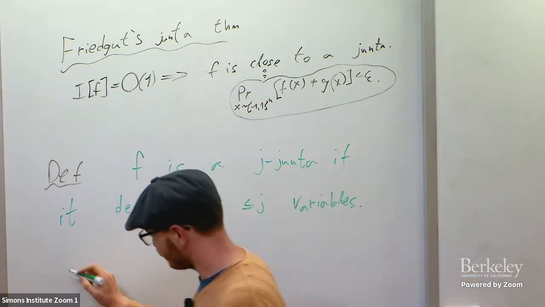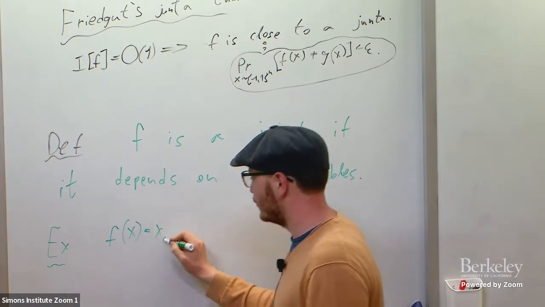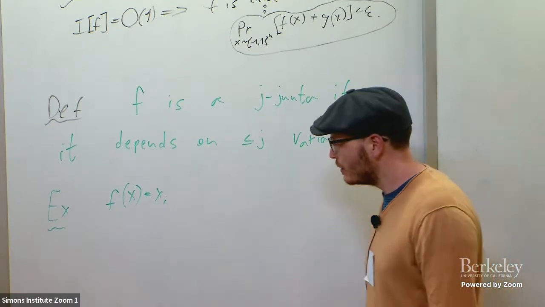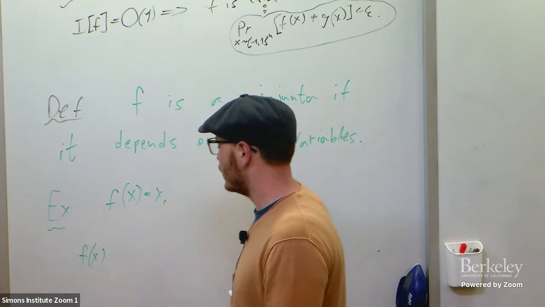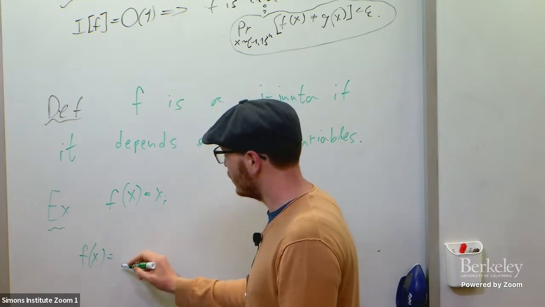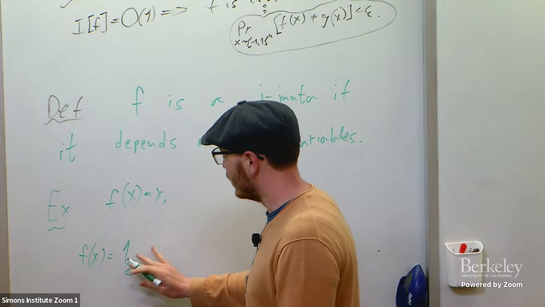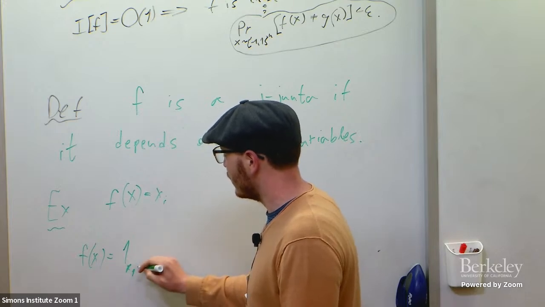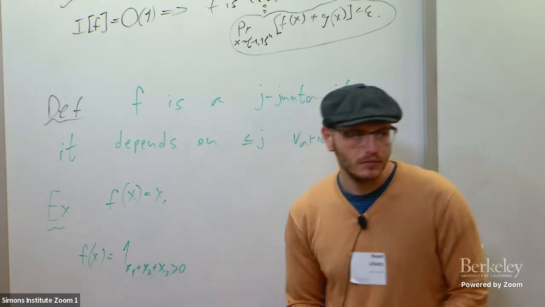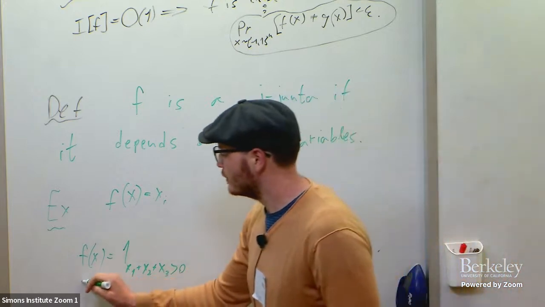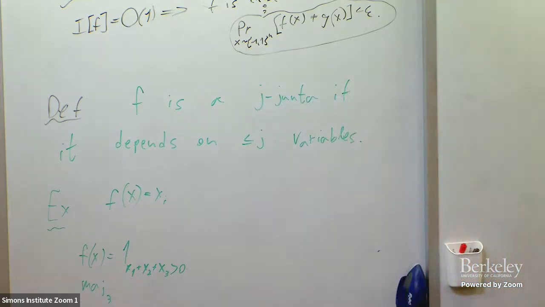So we have, for example, the function f(x) equal to x_i, which depends on one variable, and we have f(x), which is the indicator that x1 plus x2 plus x3 is greater than 0. Majority function of 3 variables, and this function is a 3-Junta.